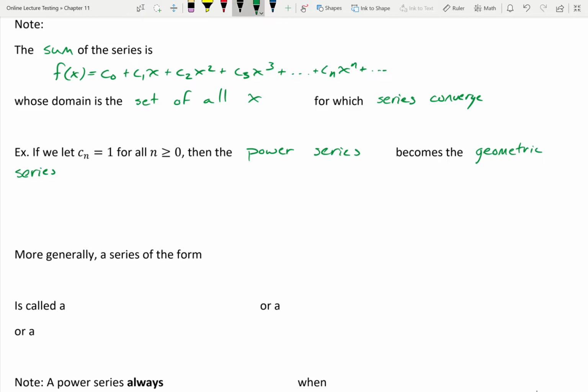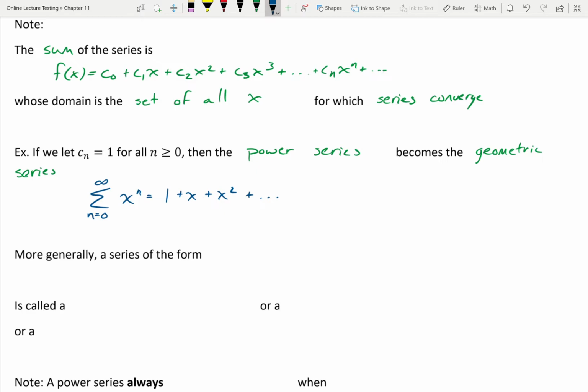Because if the constant coefficients are all equal to 1, then our summation now becomes from n equals 0 to infinity of just x to the n, which is 1 plus x plus x squared plus so forth. And we know by properties of geometric series, where do these converge?